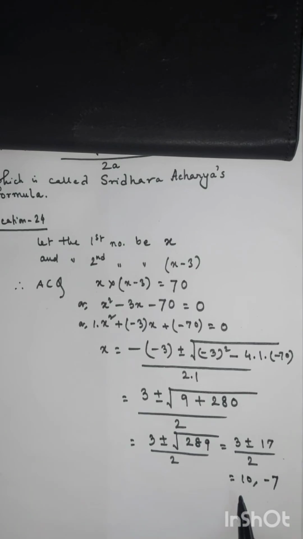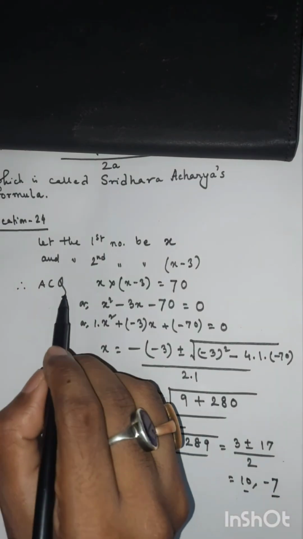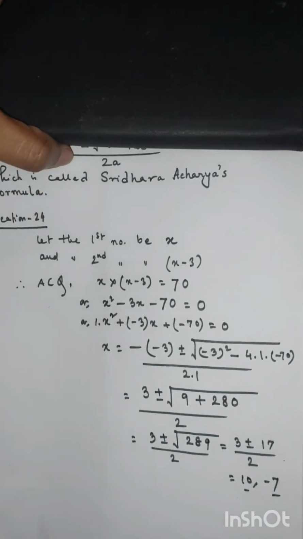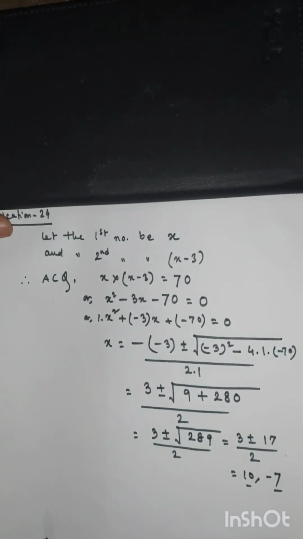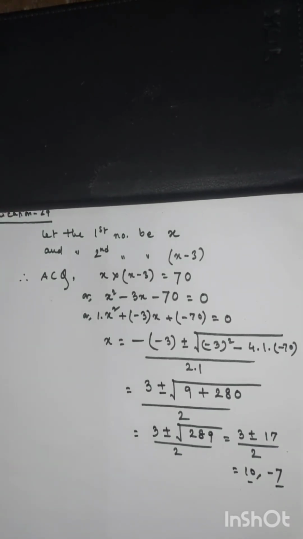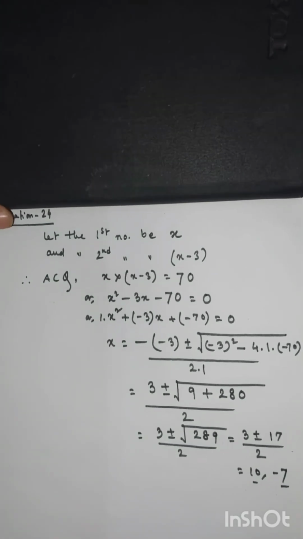So these are the two values of x. This is how we can directly find out the values of x.